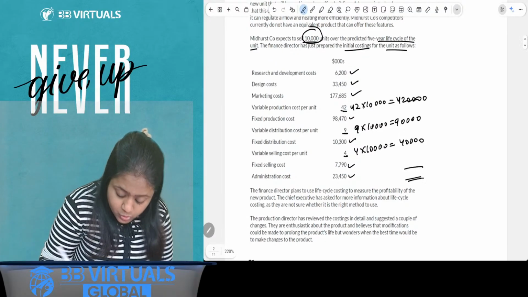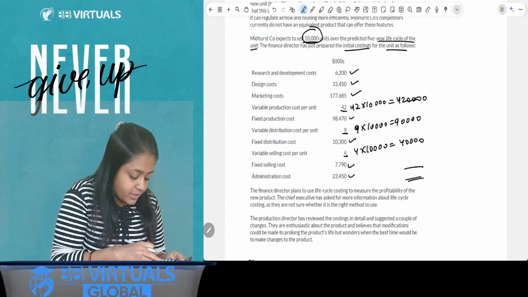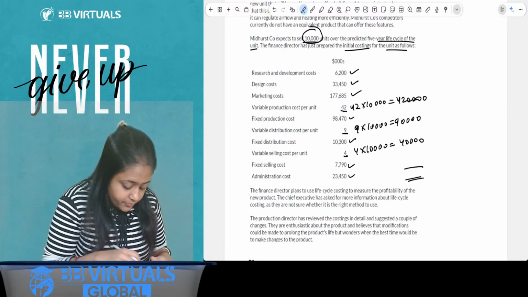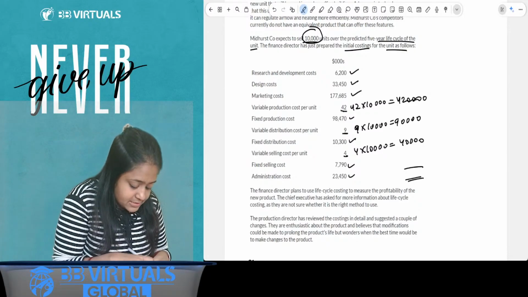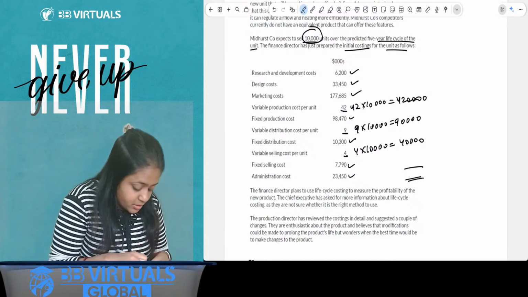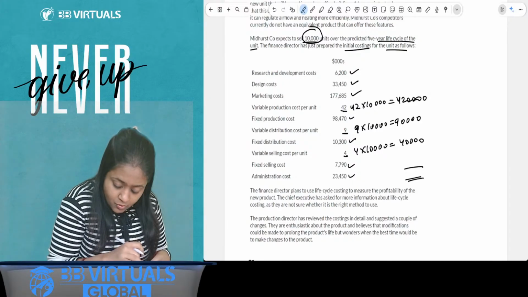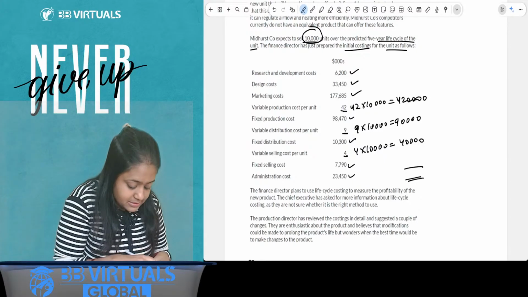So my total cost will be, let's take the calculator, 6,200 plus 33,450 plus 177,685 plus 420,000 plus 90,000 plus 98,470 plus 10,300 plus 40,000 plus 7,790 plus 23,450.